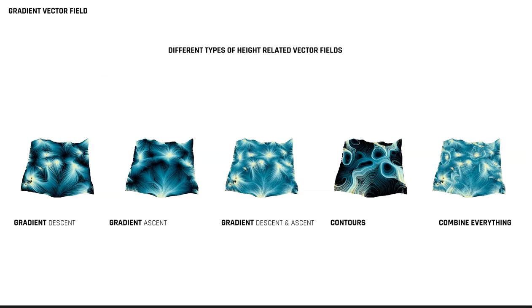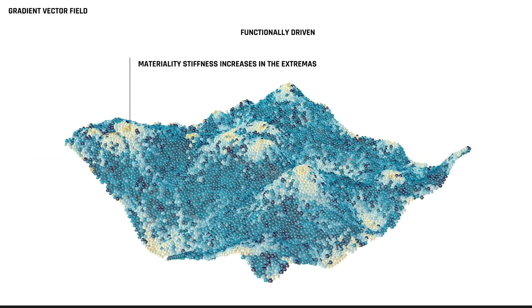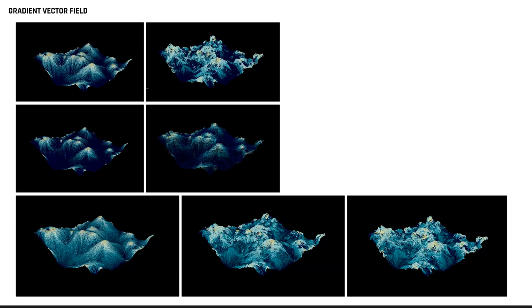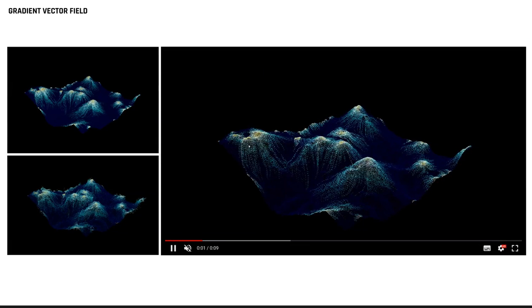We could use, for example, these extreme points to vary our material stiffness in the extreme points, or to direct a flow which could start from the points that are the extremes.